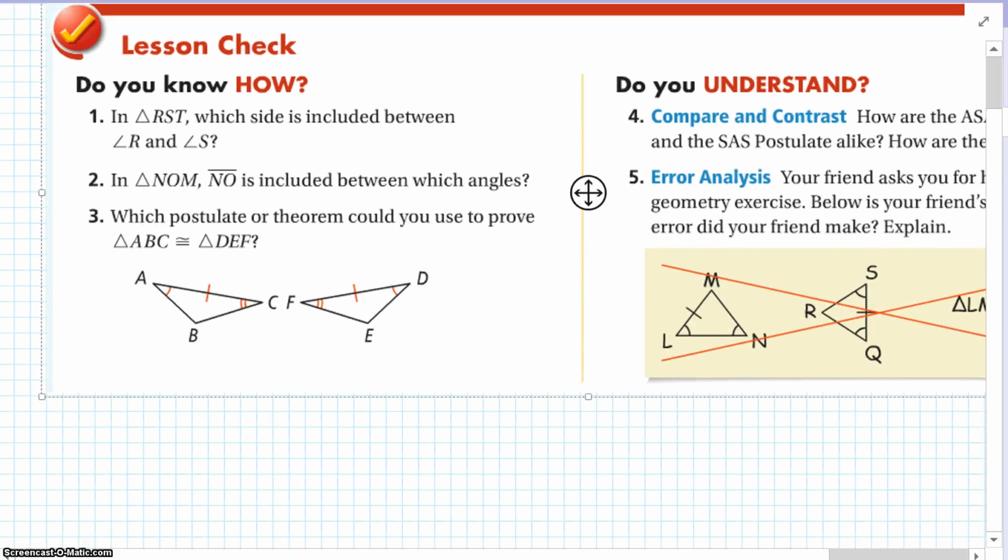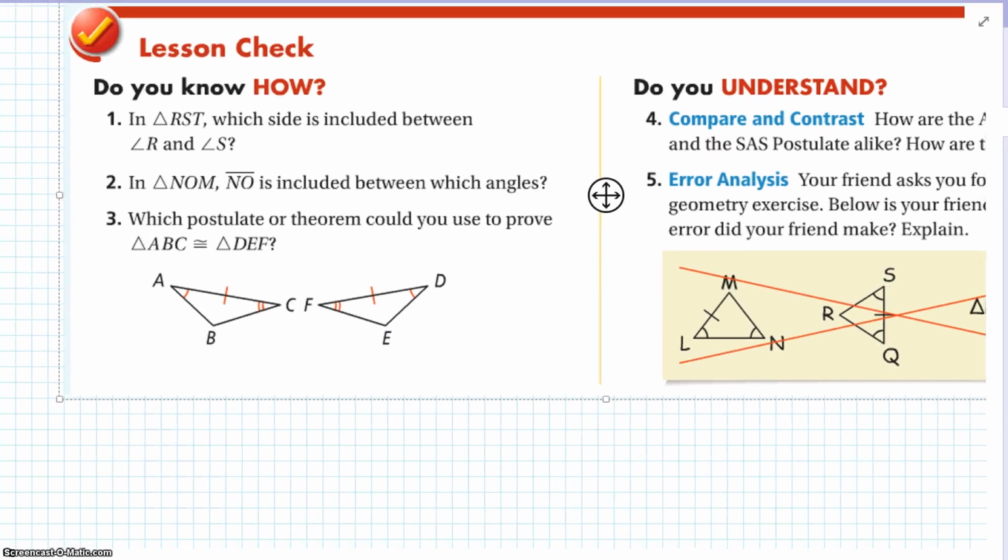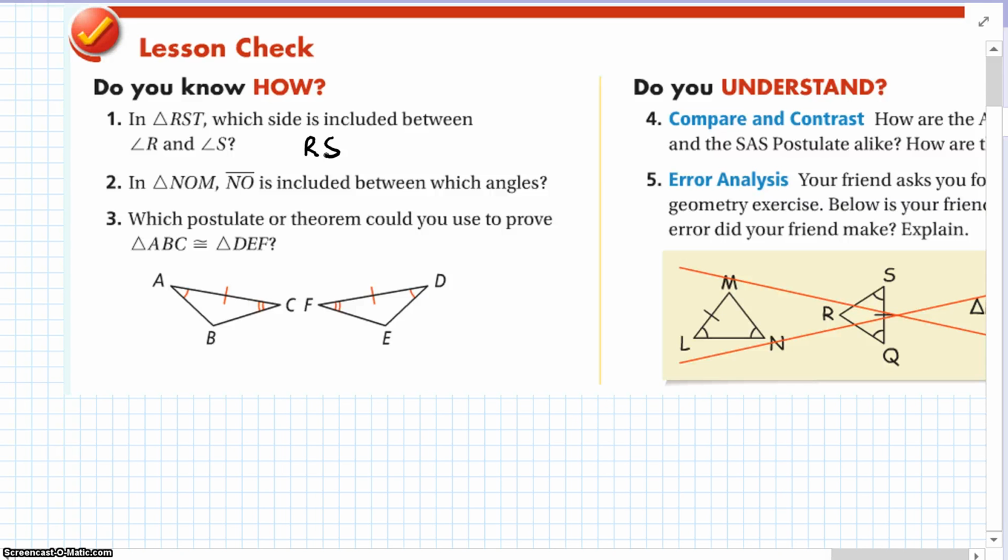Alright, so lesson check real quick. In triangle RST, which side is included between the two angles R and S? Well, it would have to be side RS. You could draw it if you're not sure. RST, that angle and that angle. Okay. So obviously it'd have to be that side.